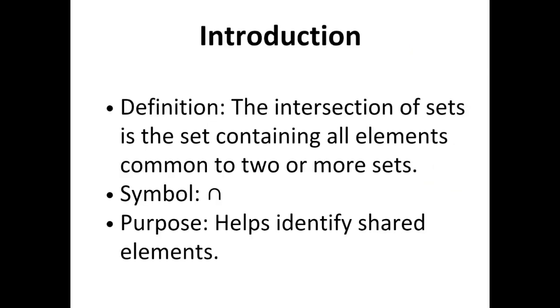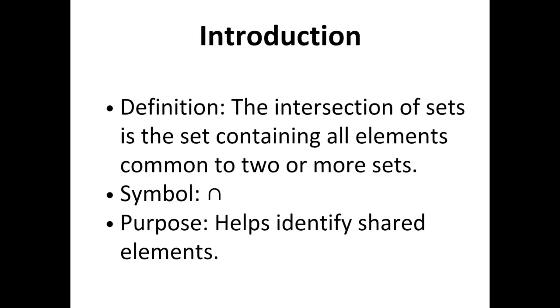So today I will explain the concept of intersection of sets. The intersection of sets is the set that contains all the elements that are common to two or more sets. In other words, it shows what the sets share. Whenever we want to find an intersection, we look for elements that appear in all sets involved.